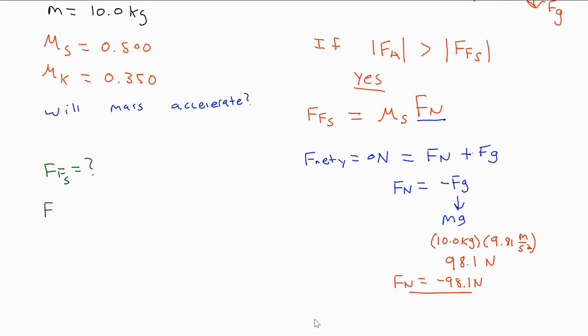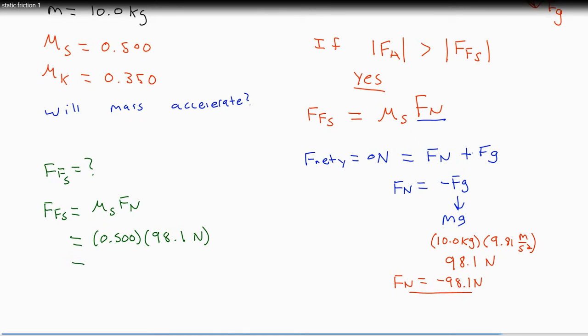Now I have to solve for the frictional force. And now I'm just going to plug in my equation, the coefficient of static friction times our normal force. The coefficient of static friction was given to us as 0.500. And now we know our normal force is 98.1 newtons up. Remember, in this equation, it lies to us.